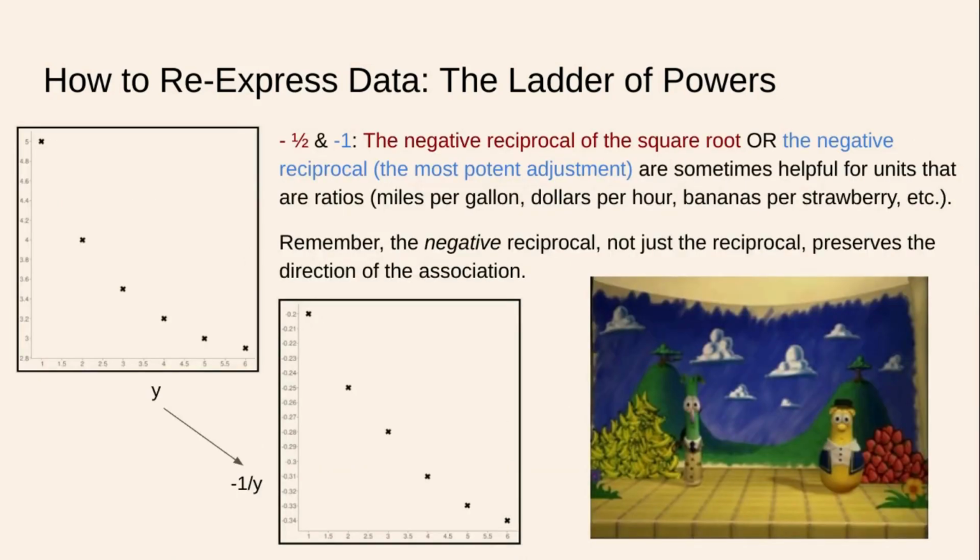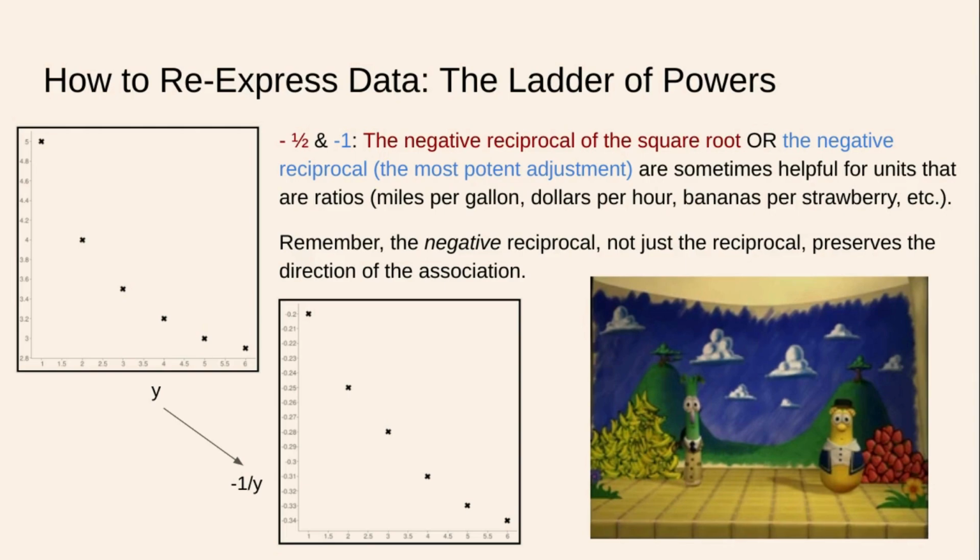Now to the really powerful transformations. We have -1/2, which is the negative reciprocal of the square root, or we also have -1, the negative reciprocal, and that is the most potent of adjustments. These are sometimes helpful for units that are ratios, okay?